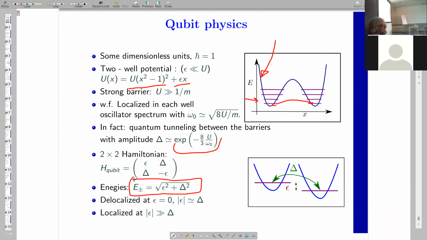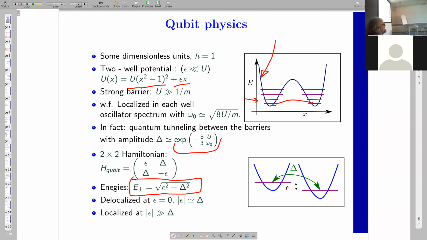Fine. If the levels are different, if the difference of levels is much bigger than tunneling, then the qubit is either in the left well or in the right well due to the big energy difference. So it is localized. Good, that's what we want to know about a qubit.